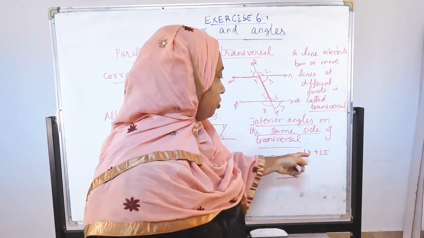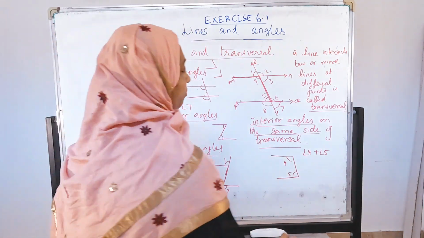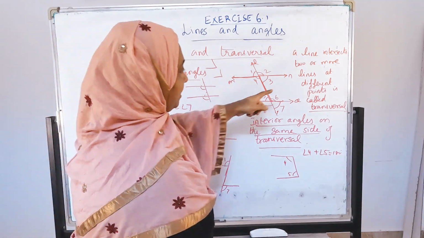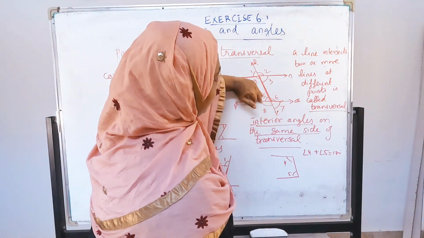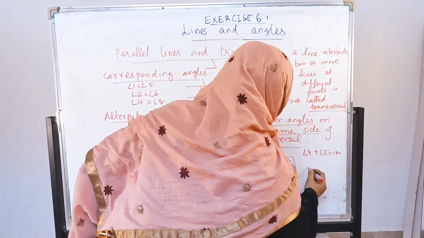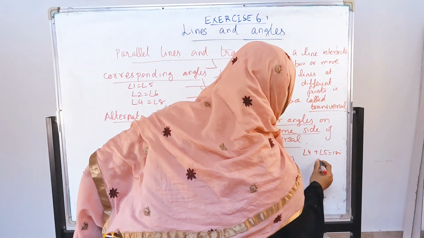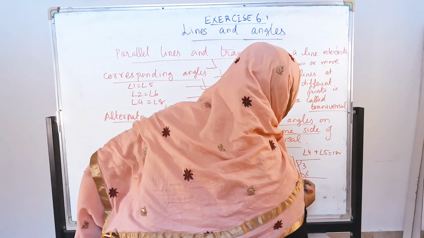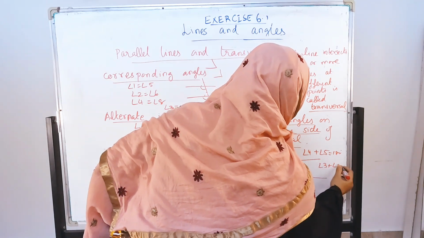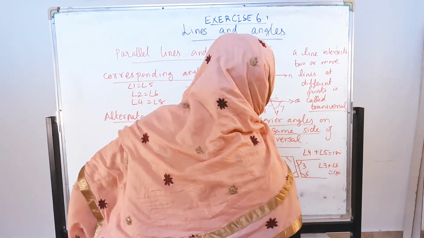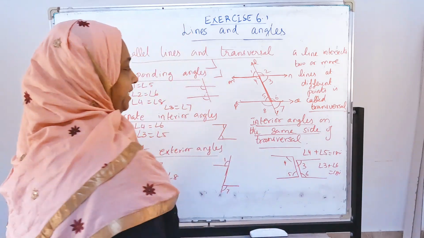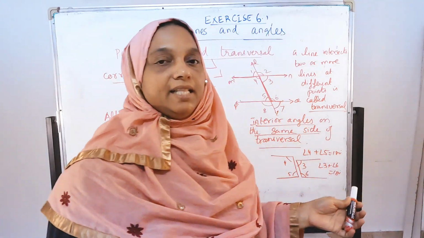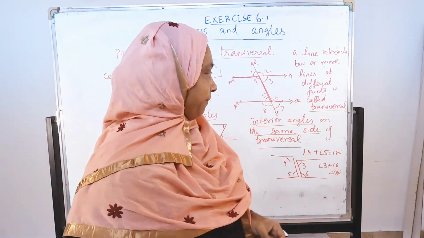If you add these two angles, it will produce 180 degrees. Similarly, on this side, angle 3 and 6 is 180 degrees. So the sum of a pair of interior angles on the same side of the transversal is 180 degrees. It is given as a theorem to us.